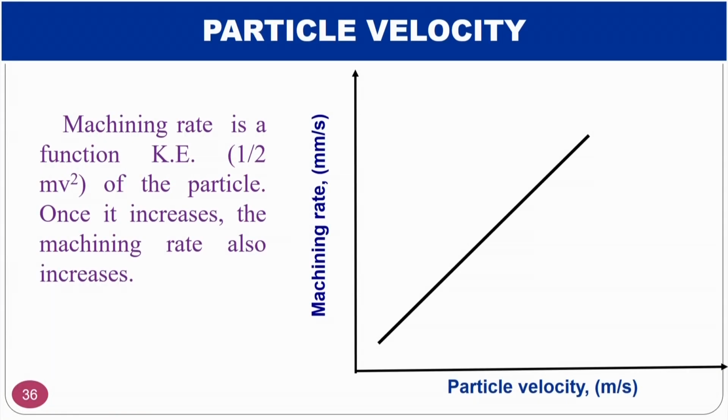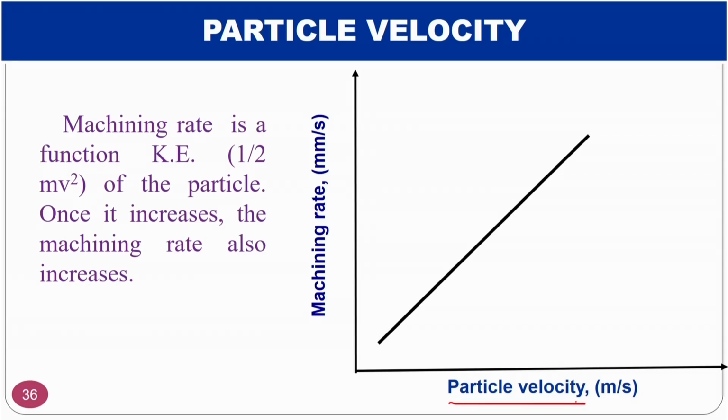So, if you see the particle velocity, if the amplitude is very high, what will happen? The particle will gain more and more velocity. Along with that, you are sending the abrasive particle along with the nozzle with some pressure also. So, these all play a major role in increasing the particle velocity.